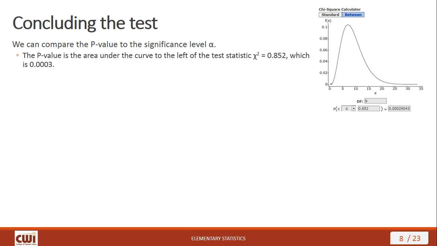We plug that into our chi-square calculator in StatCrunch, and out comes our p-value of 0.0003. Now, because this p-value is less than our alpha value of 1%, we're inside the rejection region, and therefore we're going to reject H0.